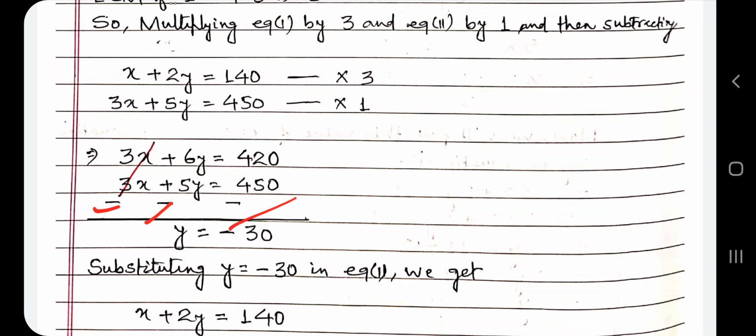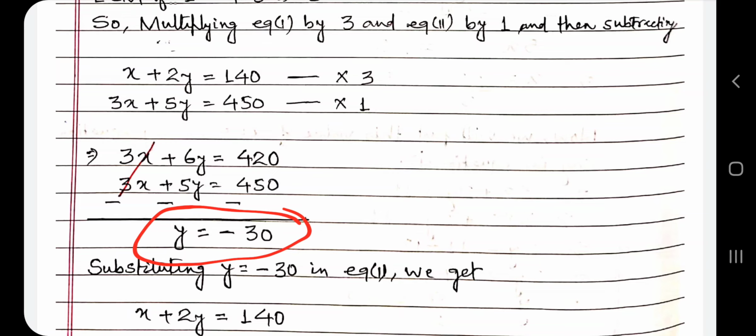After subtraction the two 3x cancel out, and we are left with 6y minus 5y, which is y, and on the right side 420 minus 450 is equal to minus 30. So y = -30.